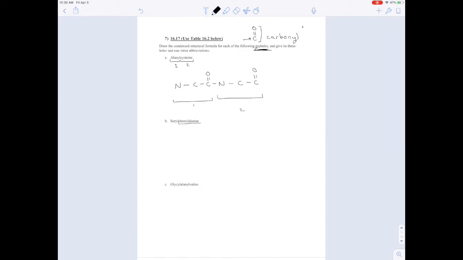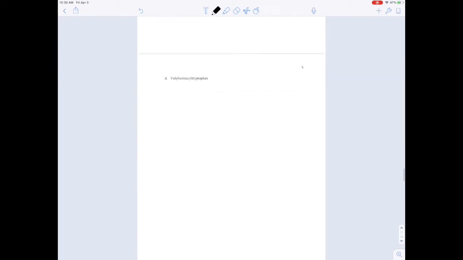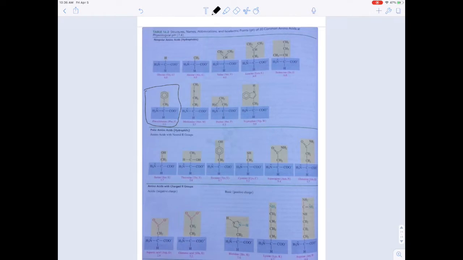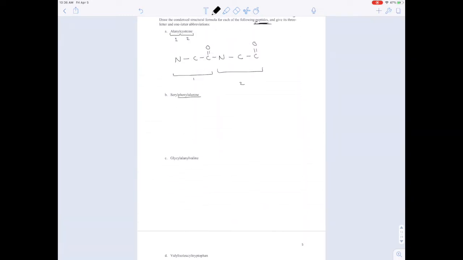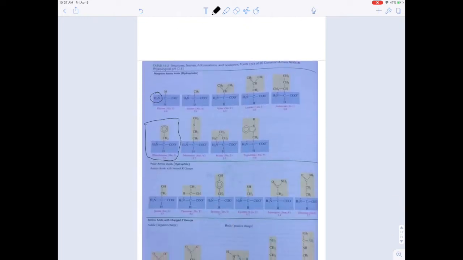Okay, so we have our 2 sort of backbones. Next, fix the ends. The ends need to resemble the ends on these amino acids. The left end has to have the H3 and the plus charge. The right end has to have the 2 oxygens and a minus charge.